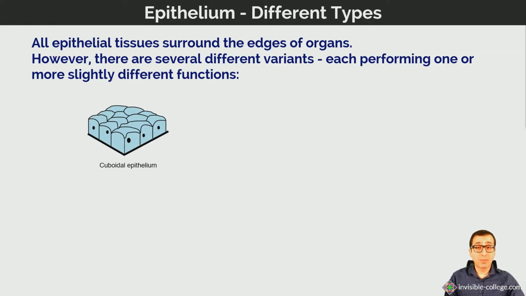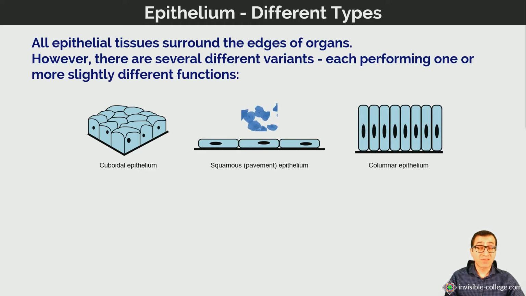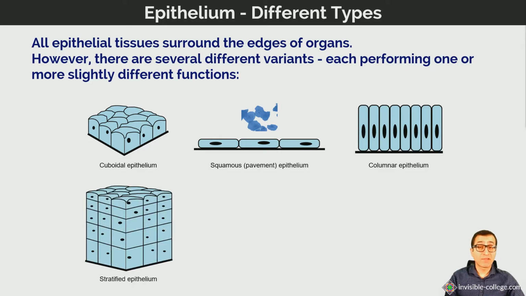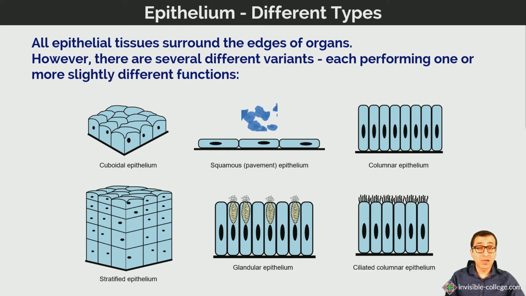So we have cuboidal epithelium, we have squamous or pavement epithelium, we have columnar epithelium, we have stratified epithelium, we have glandular epithelium, and we also have ciliated columnar epithelium. These are all different kinds of epithelial tissues that we're going to be encountering all the way through this topic when we look at the structures of various tissues and organs in the various body systems in humans.